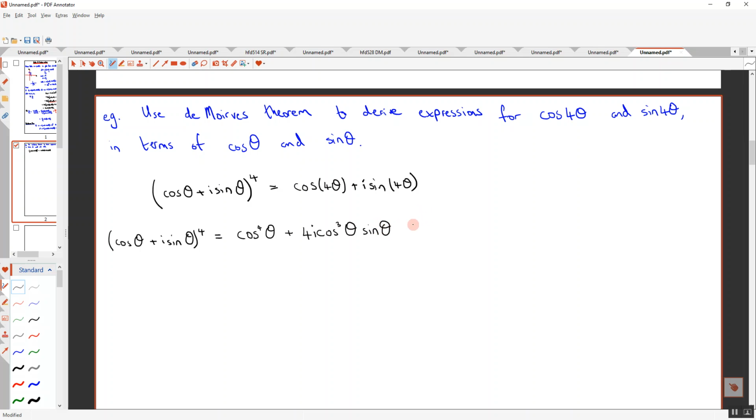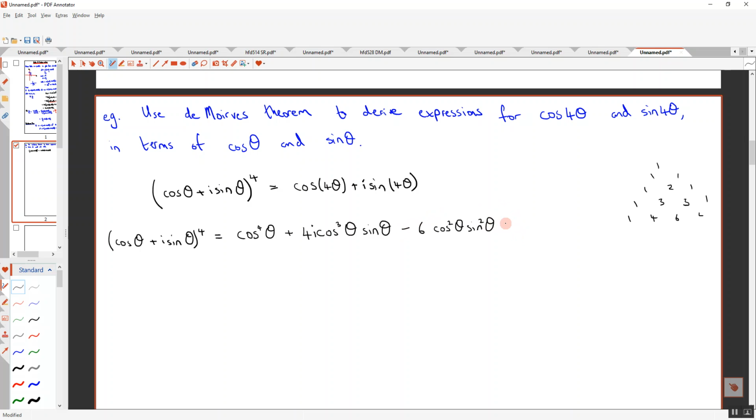Plus, I could use my choose functions, but I just want to use something quick, so there we go. It's going to be plus 6 cos squared theta sine squared theta times i squared, and that makes that become negative, because i squared is negative.